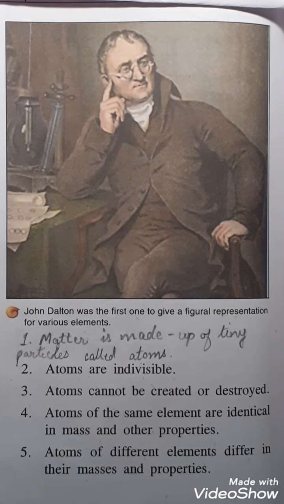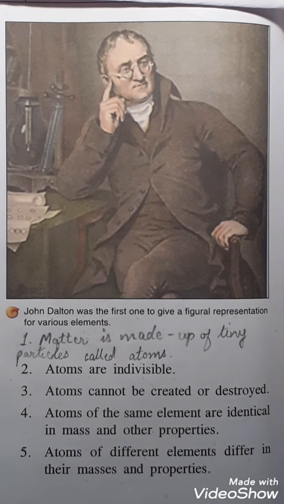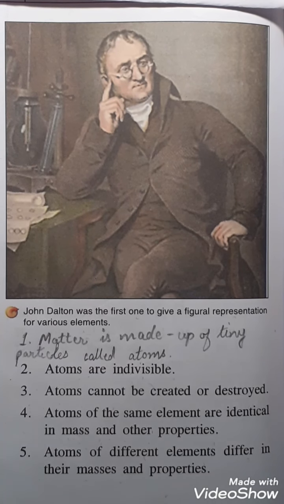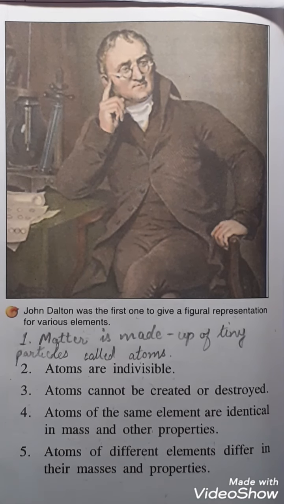Atoms of different elements differ in their masses and their properties. For example, magnesium will have magnesium atoms only. Magnesium will not have the atoms of nitrogen or oxygen in it. So, every element has its own types of atoms.